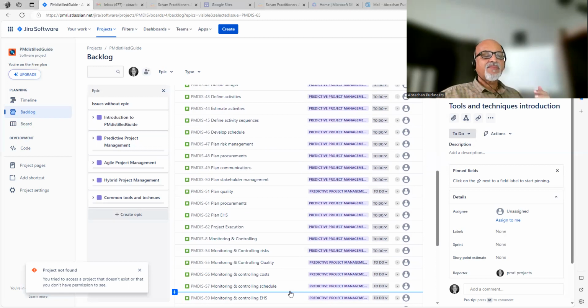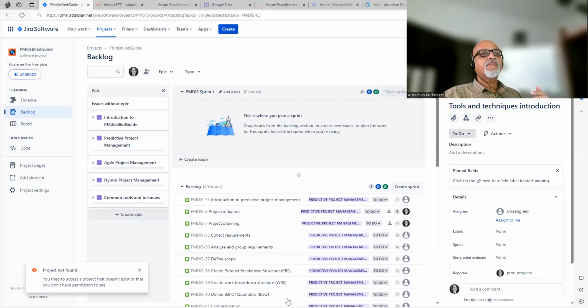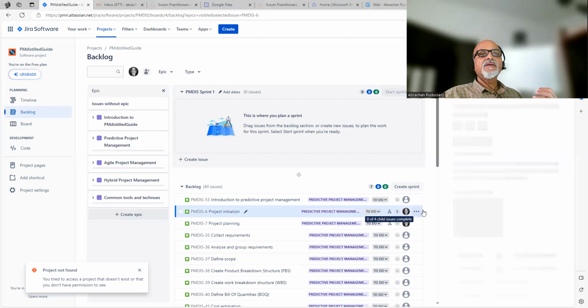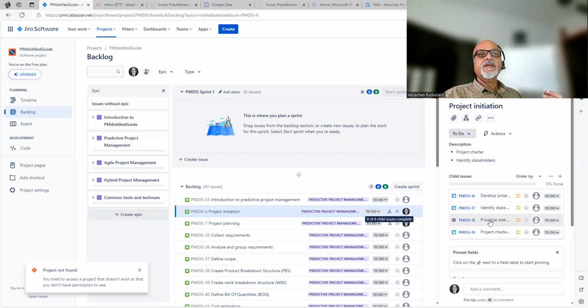Then we have to identify the tasks. Most of the stories here, I have not identified the tasks. But here, project initiation, I have identified some tasks below that. These are the additional tasks that must be performed to complete project initiation.